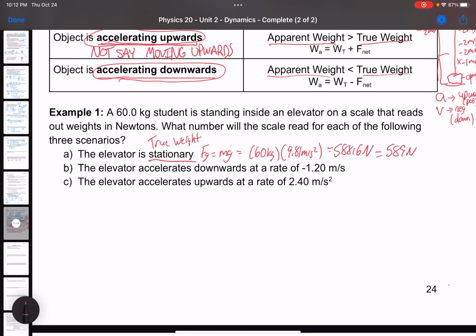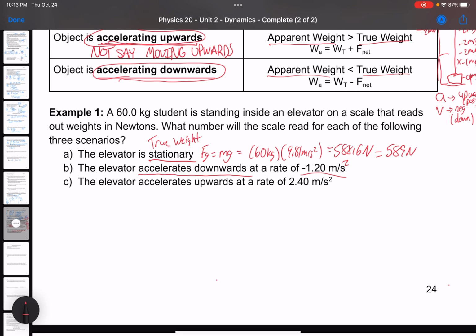Okay, if the elevator accelerates downwards at a rate of negative 1.20 meters per second, this should say squared, so we've got to add a little 2 in there. Okay, at a rate of negative 1.20 meters per second squared. Now remember, if it's downwards, the true weight will be greater than the apparent weight, or the apparent weight will be less.